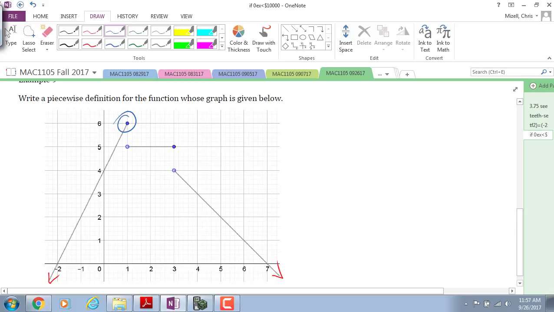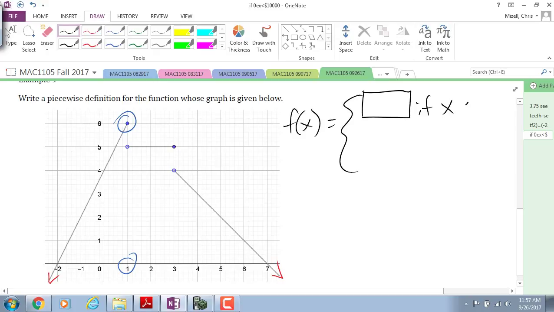So I believe the function is defined using the same rule from negative infinity all the way up to and including x equals 1. So our first rule, f of x equals some expression if x is less than or equal to 1.